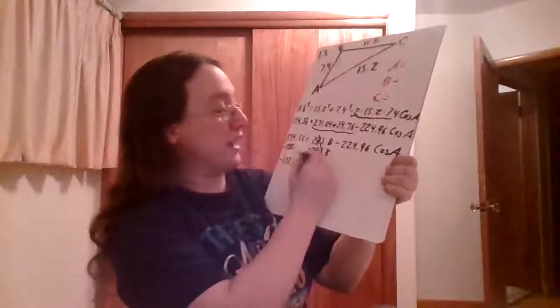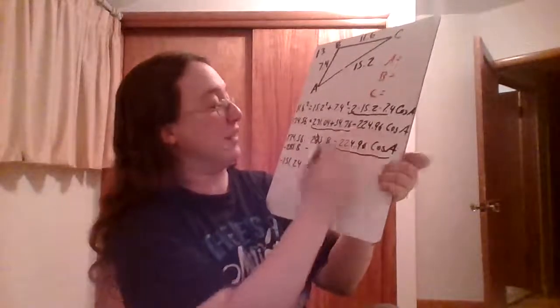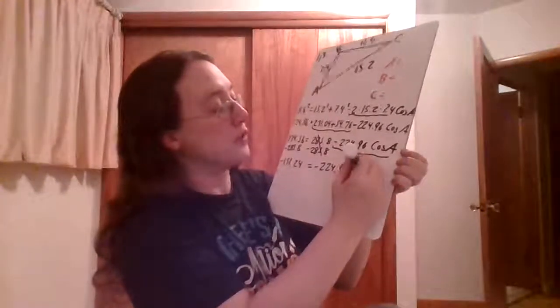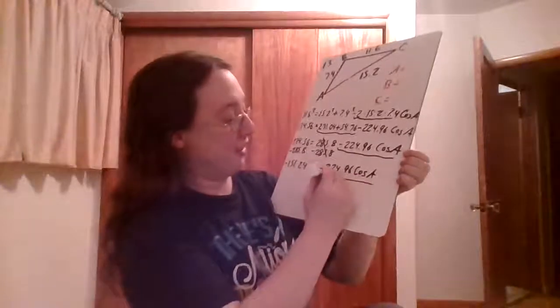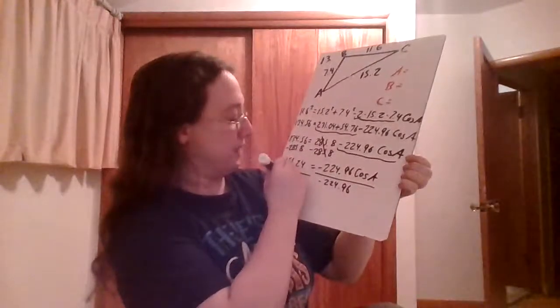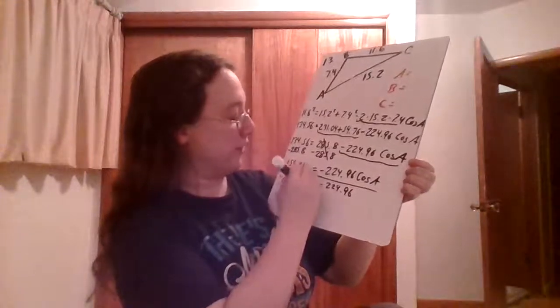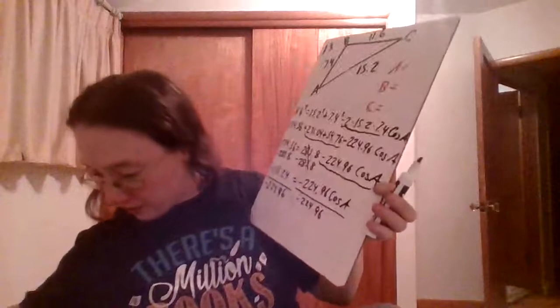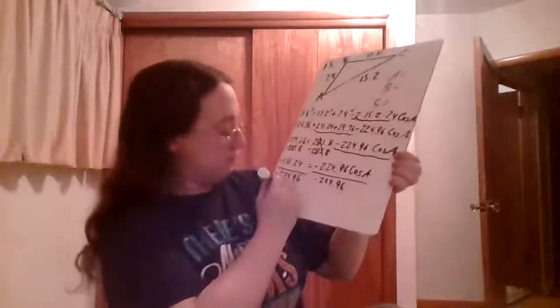Don't lose that negative, and don't lose this negative hanging out in front of your 224.96. Or if you're going to lose them, lose both of them, because they're about to cancel out when we divide by that 224.96. This is negative, that's negative, so those cancel each other out, which gives 0.672.